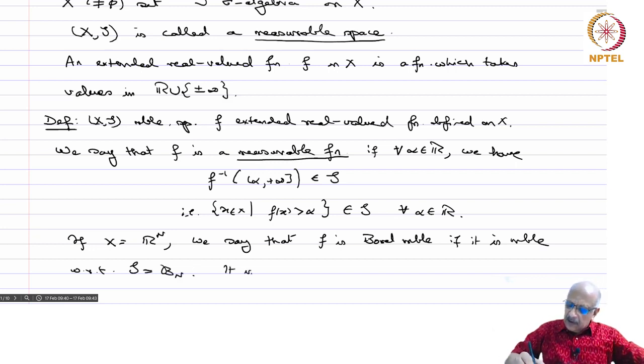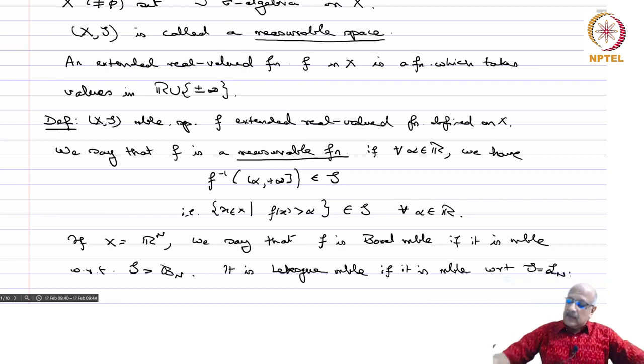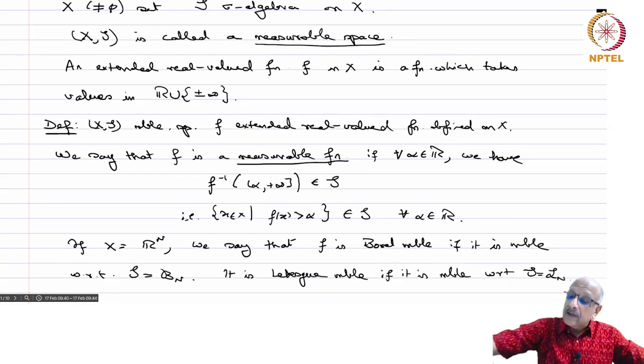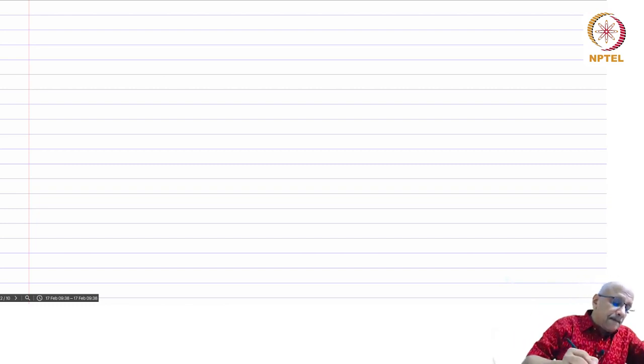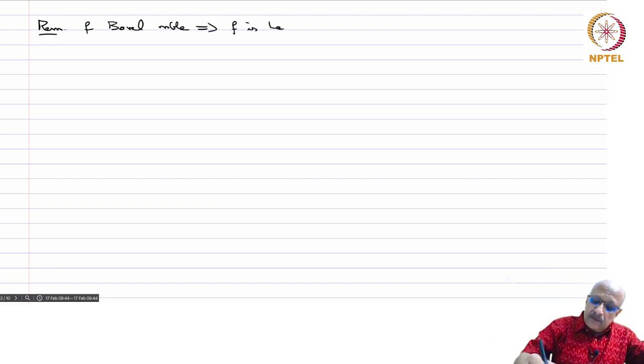It is Lebesgue measurable if it is measurable with respect to S equals L_n. So if you have the Lebesgue sigma algebra and the function is measurable, then you say it's a Lebesgue measurable function, and otherwise if the sigma algebra is the Borel sigma algebra, then you say it is Borel measurable. Okay, remark. f Borel measurable implies, of course, f is Lebesgue measurable, but not the converse.